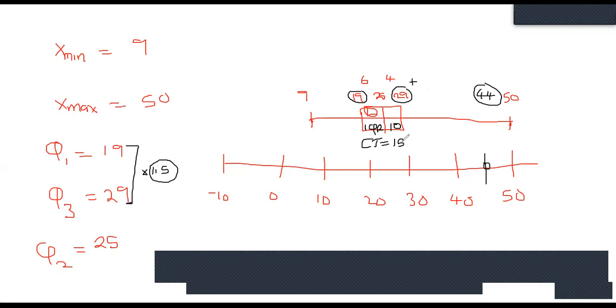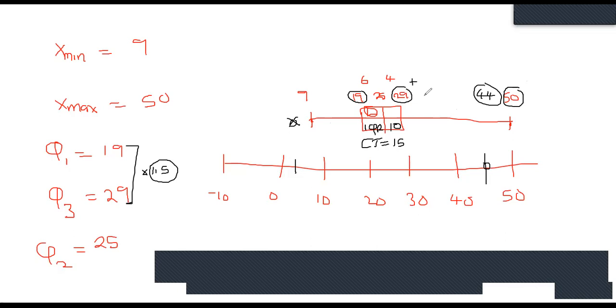We get a 4. So 4 is somewhere there. This is called our lower limit. So we can tell from here that our only outlier is 50 from the distribution.